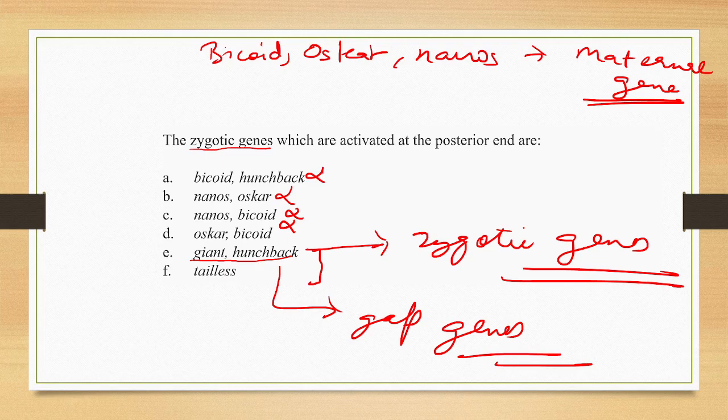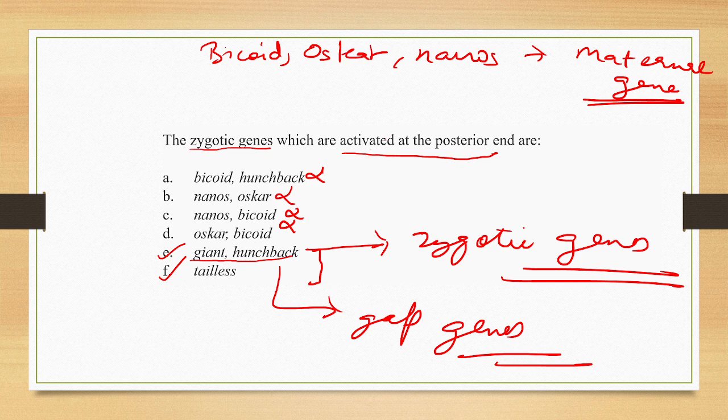So what would be the correct answers? The correct answers would be E and F, because these three genes are zygotic genes. More specifically, they are gap genes, and all these genes are present in the posterior axis. See, here it is written which are activated at the posterior end. It is not written which are responsible for the formation of the posterior end.